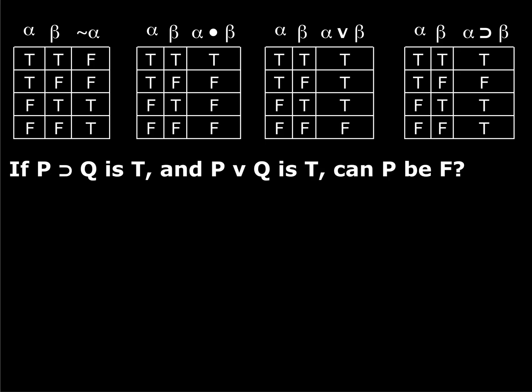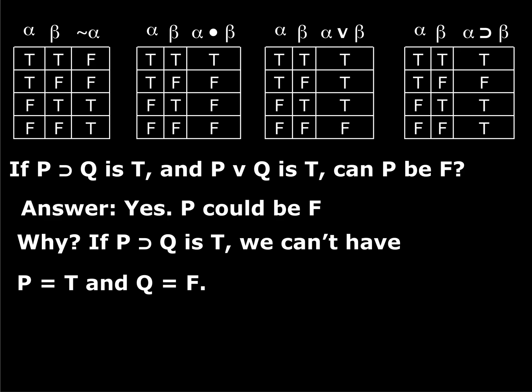Here's another one. If the conditional if P then Q is true, and the disjunction P or Q is true, can P be false? Is that possible? The answer is yes, P could be false. And here's how we know that.